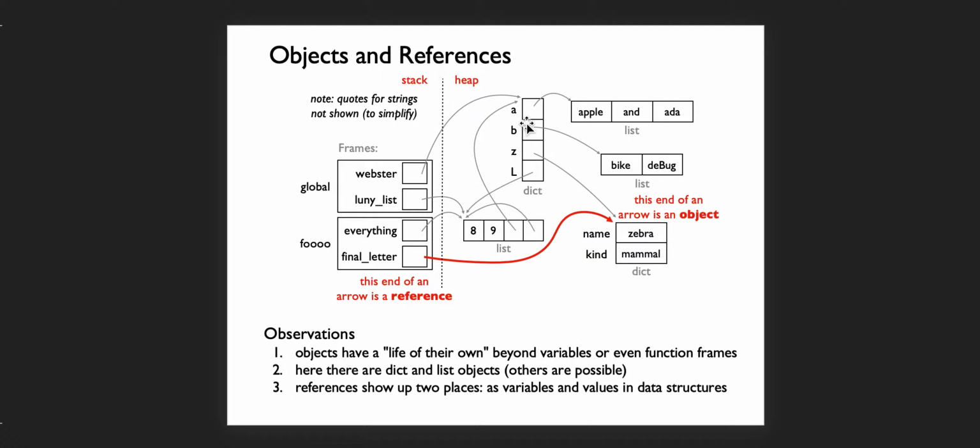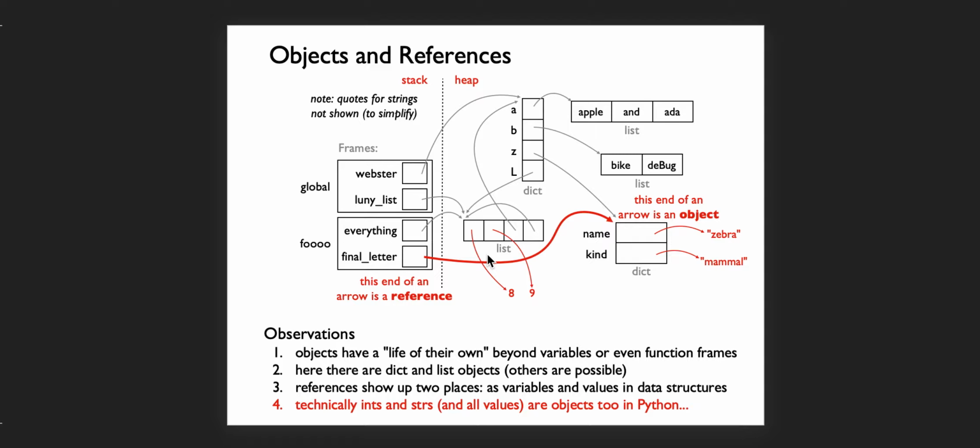Alright, before we talk about the questions related to objects and references, I just want to point out one thing about Python. Technically in Python, everything is actually an object, which means that even integers and strings are actually objects.